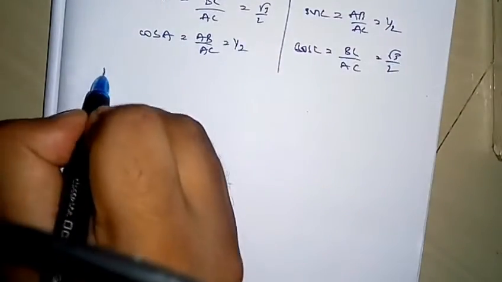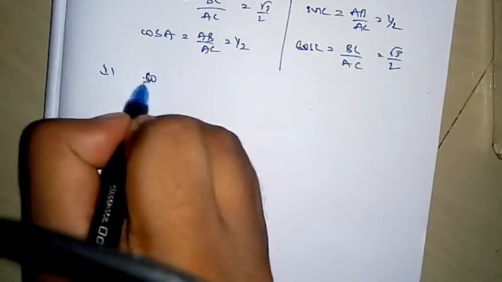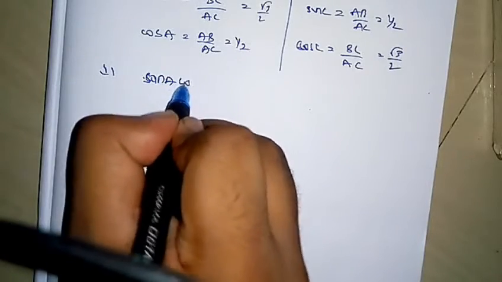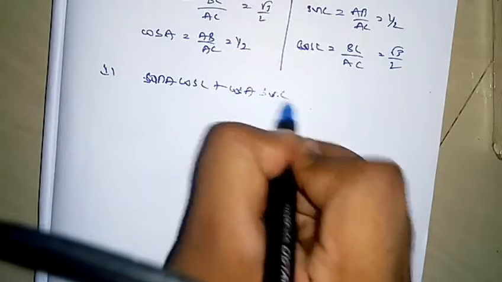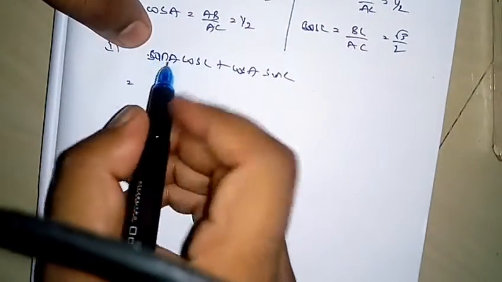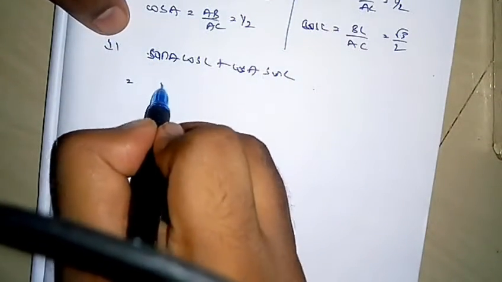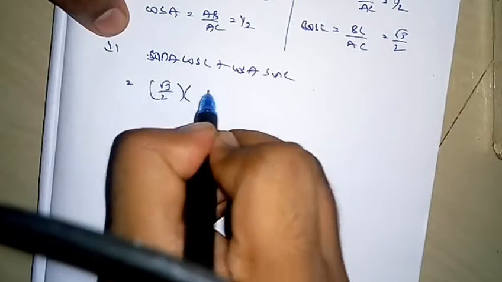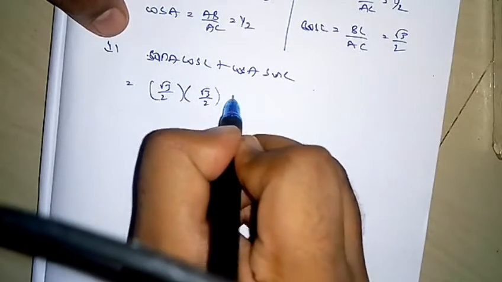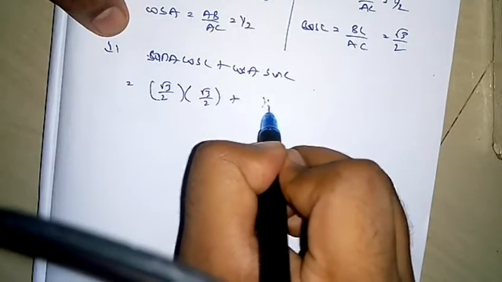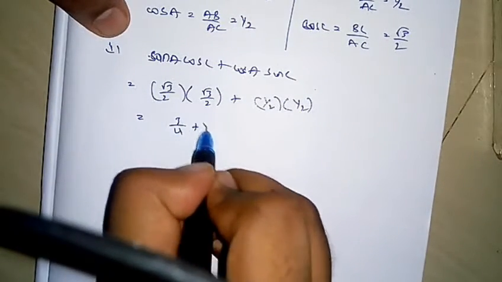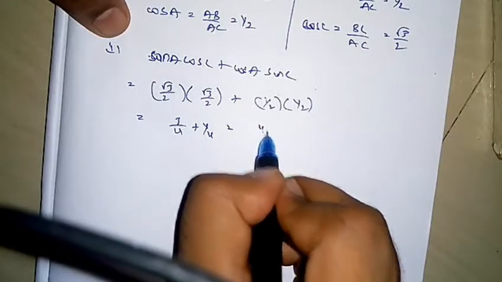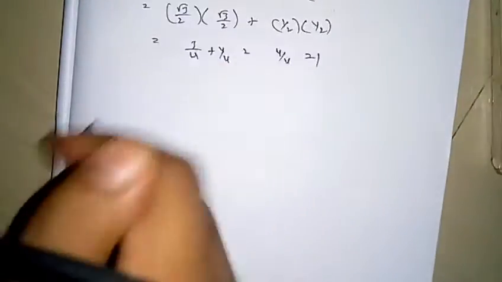Now you are asked to find first one, sin A cos C plus cos A sin C. Sin A is root 3 by 2 into cos C is root 3 by 2 plus cos A is 1 by 2 into sin C is 1 by 2, which is equal to 3 by 4 plus 1 by 4 is equal to 4 by 4 is equal to 1.